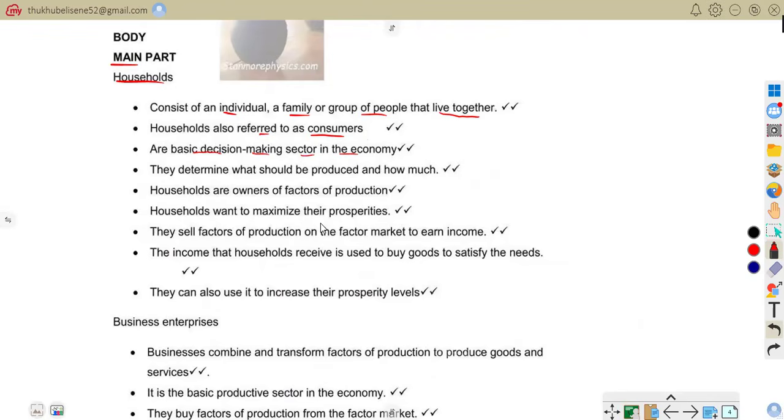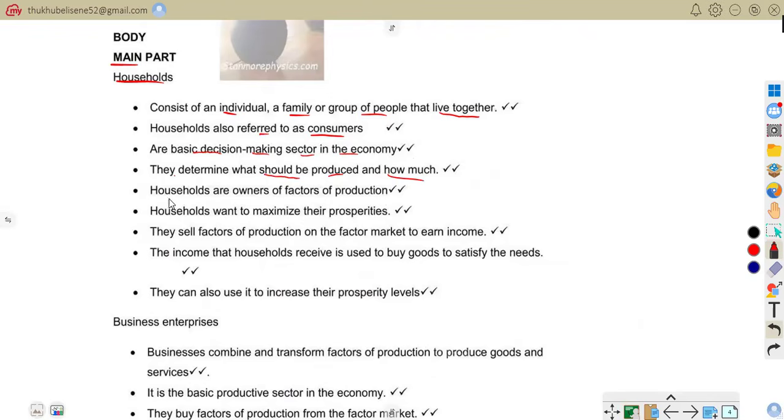It further says they determine what should be produced and how much. It means that business produce goods based on consumer demand.